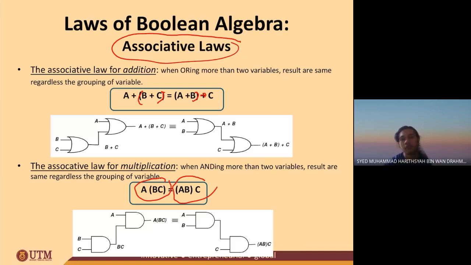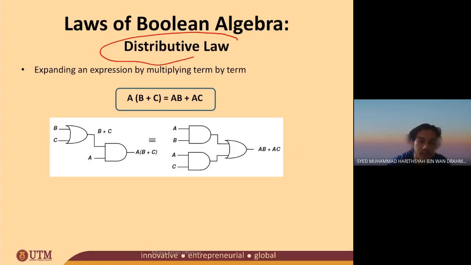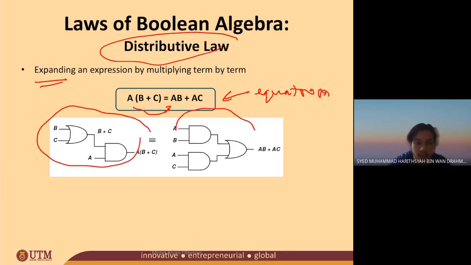As I mentioned before, you have learned maybe in your mathematics form 4, form 5 on algebra. And finally, the distributive law is the expanding of an expression. You can expand A times B plus C, which is equivalent to AB plus AC. Although you change the equation, you need to see that the circuit used here is different.